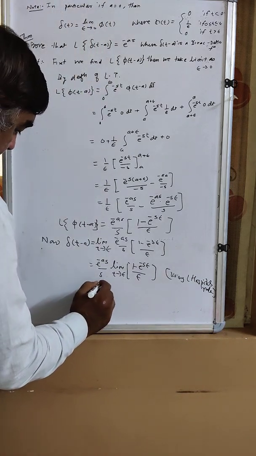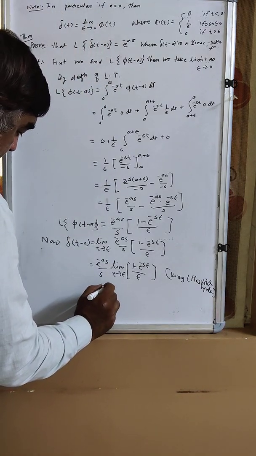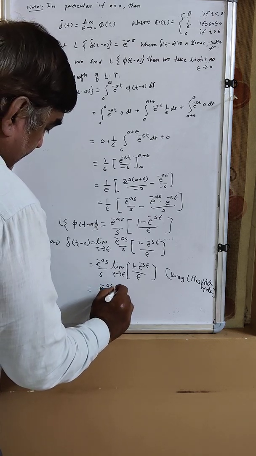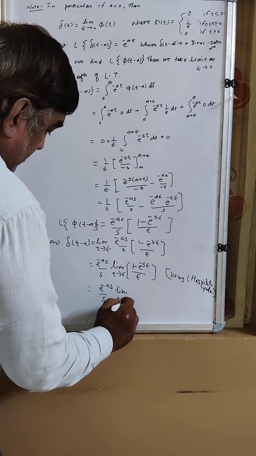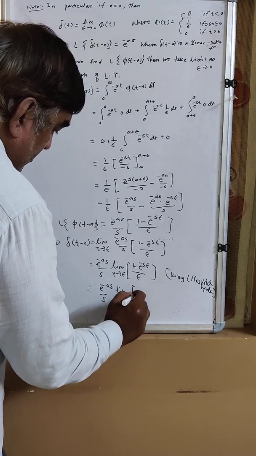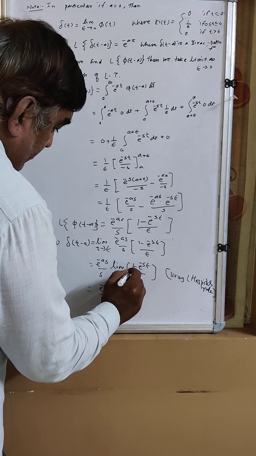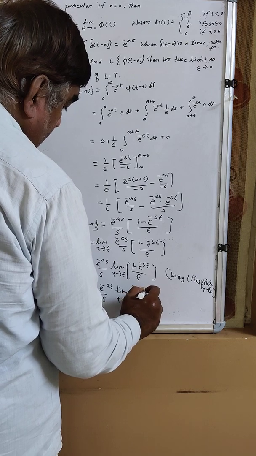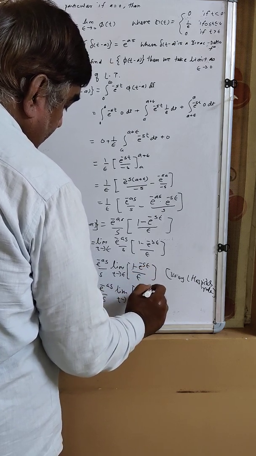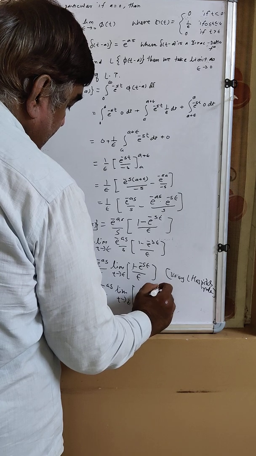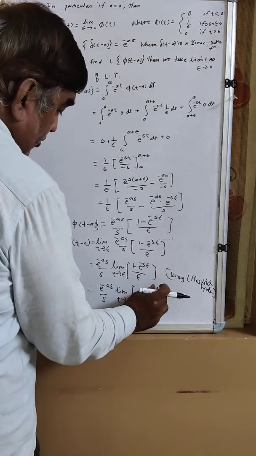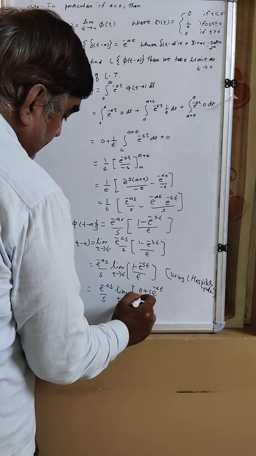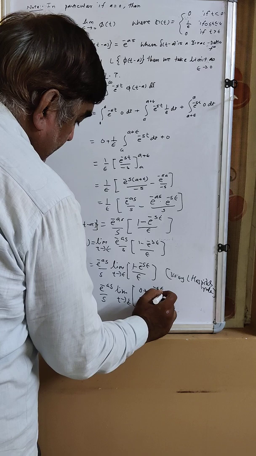e raised to minus as upon s, times the limit as epsilon tends to 0, where the derivative of 1 with respect to epsilon is 0 minus the derivative of e raised to minus s epsilon, and again the derivative of s epsilon is minus s, therefore here plus s upon 1.